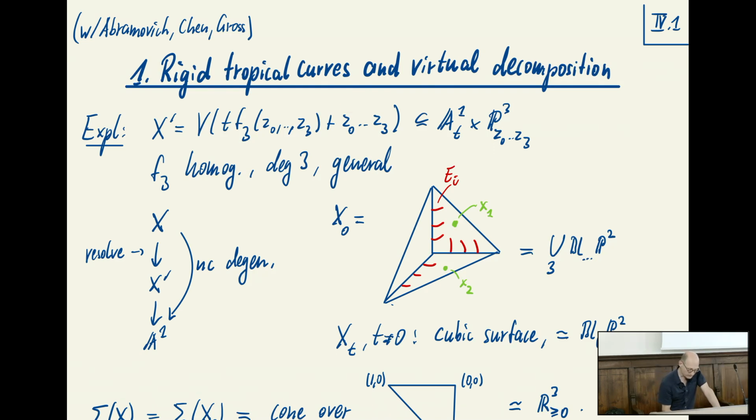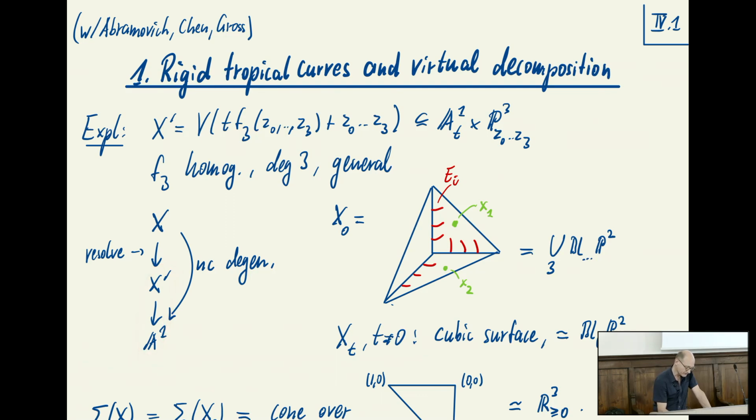So I'll start with this family that looks similar to the degenerating family of quartics, this degenerating family of K3 surfaces I had in maybe the first talk. So that's a family in A1 cross P3. It's a hypersurface F3, I want a degree 3 general homogeneous polynomial, so the general fibers will be smooth. And the central fiber, or the total space, will have 9 A1 singularities. Just as in the quartic example.